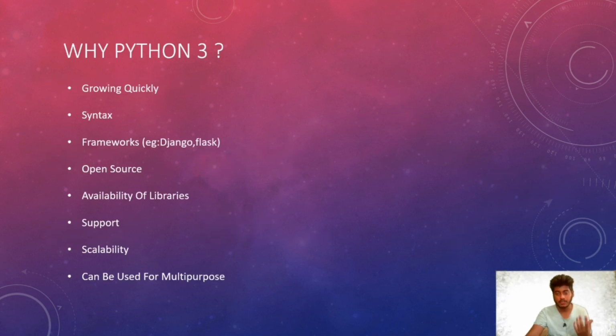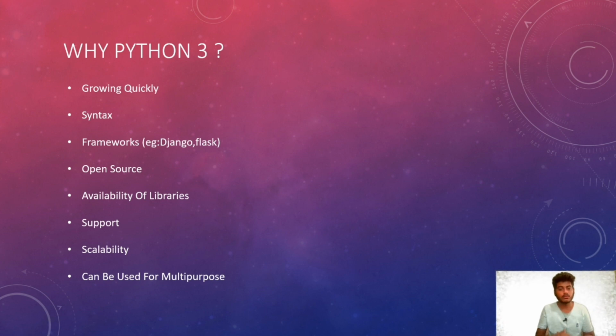Next, why Python 3? It is growing quickly, heavily growing, and the major thing is the syntax. The syntax is very cool. It is very easy to understand for beginners, so it is beginner friendly, and the syntax is also small when compared to other languages. Then come the frameworks. Frameworks are available more on Python also, for example Django and Flask, and many others.